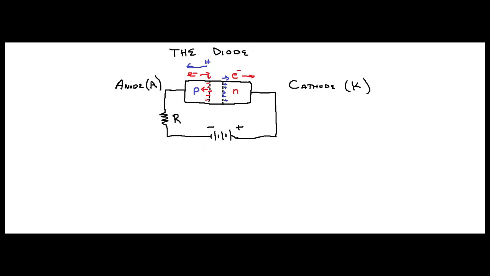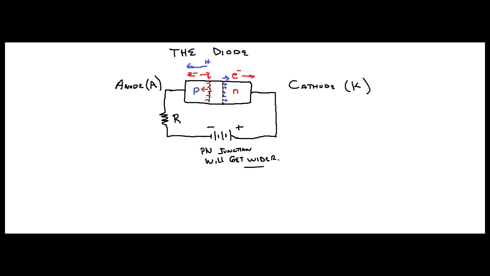Okay? So the p-n junction will get wider. Okay? Now look, it's going to get wider, and as you have more charge, as you have more electrons here and more holes or positive charge here, you're going to have greater potential.